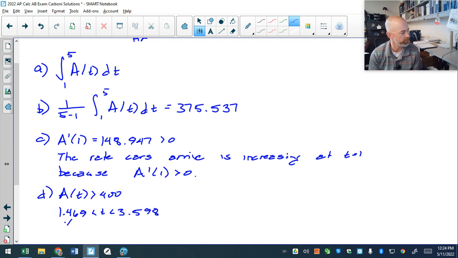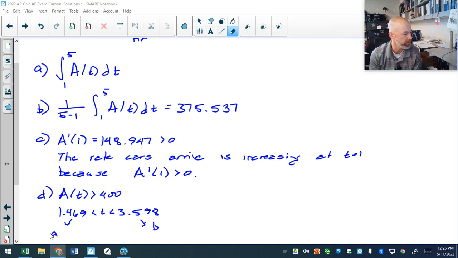And I'll make a note to myself that that is stored for A, and this one is stored for B. All right, so there's that. Okay, now back to the question. A is the time when the line first begins to form, and the line forms when A is greater than 400. So the line starts to form at this, that's not A, this is B, at 1.469.